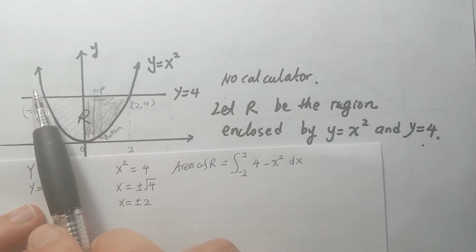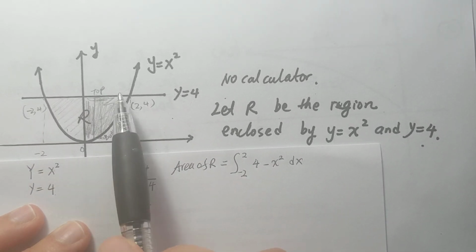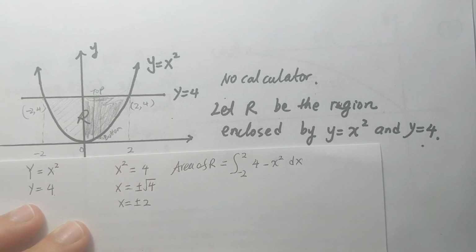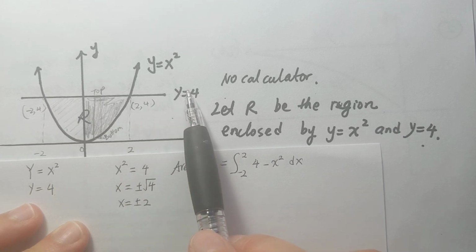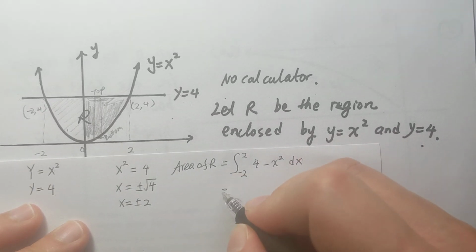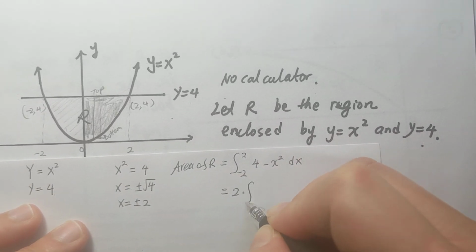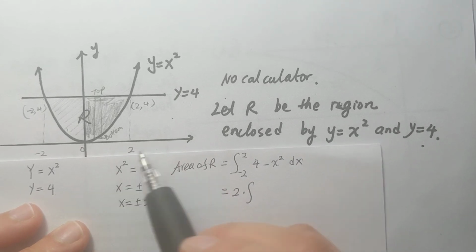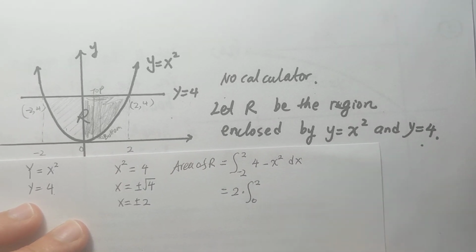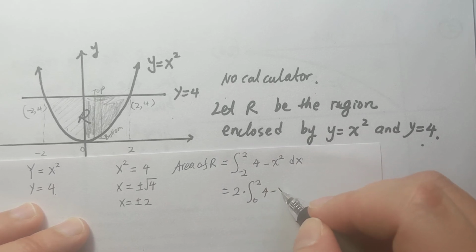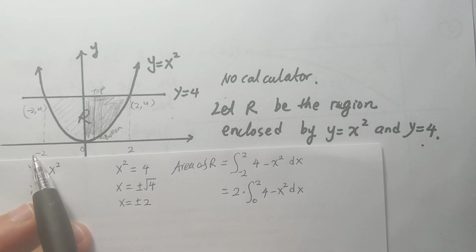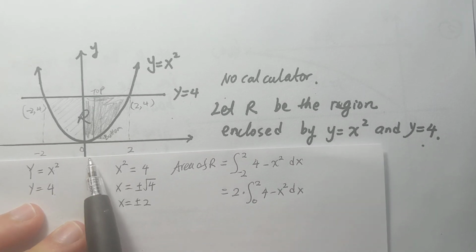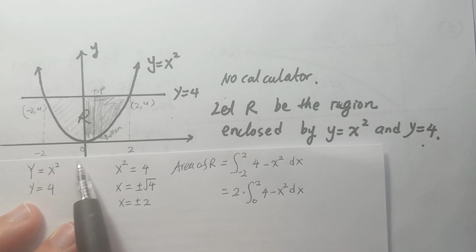And because this is going to be symmetrical over the y-axis, because y equal to x squared is even, and this is a horizontal line, we say that it equal to 2 times the integral from 0 to 2 of 4 minus x squared dx. So somebody will ask, how come you didn't use -2 to 0? I want to deal with positive numbers, so I would do 0 to 2 instead of -2 to 0. You will get the same answer.